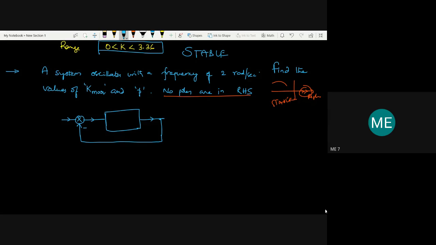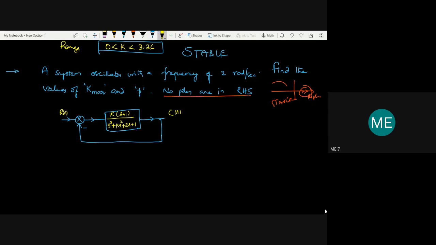Here he has mentioned k into s plus 1 divided by s cube plus ps square plus 2s plus 1. This is R of s and this is C of s, and there is a unity feedback system. Nothing is mentioned in the feedback, so it is called a unity feedback system.